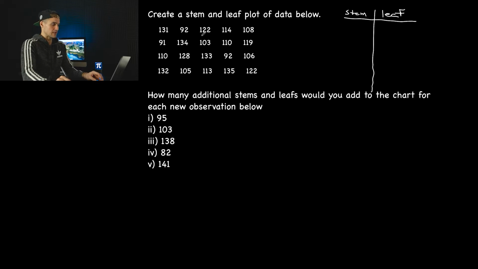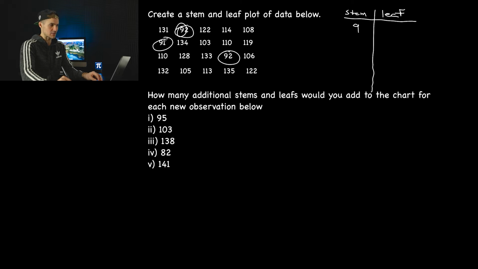Okay, so let's see which are the lowest numbers here. Notice the lowest ones are the 90s, right? So we have 91, 92, 92. The stem here is the first value, which is the 9, and the leaf represents the last digit.